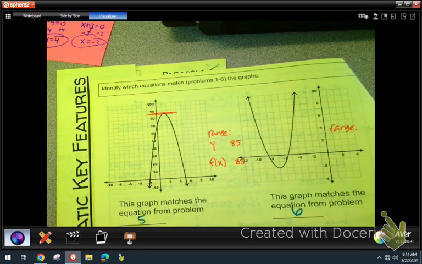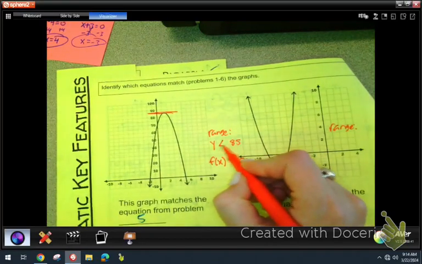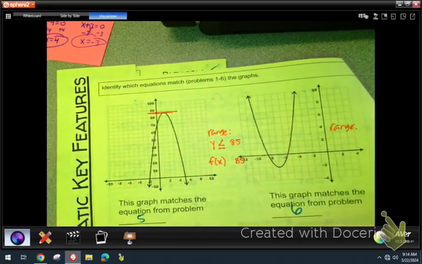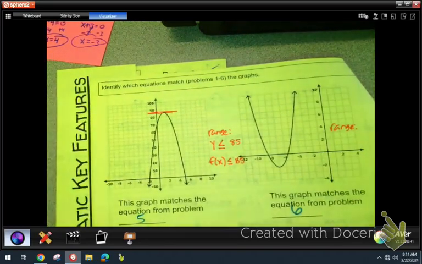Is it going above my boundary line or below? Below. Whenever we do anything below, shading with inequalities, what symbol would we use for below? Less than. There's an L in the middle. So I'm going to put less than or equal to. And we'll always have an equal to with quadratics. That's the shorthand way they could do that. So if your graph's opening down, it's going to be less than or equal to.